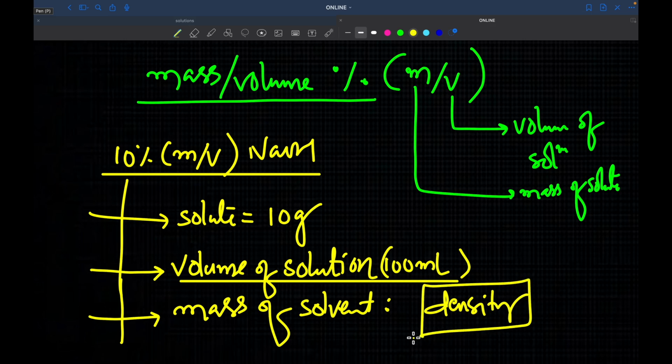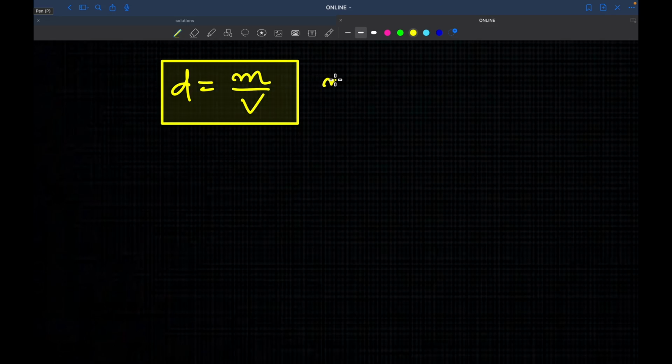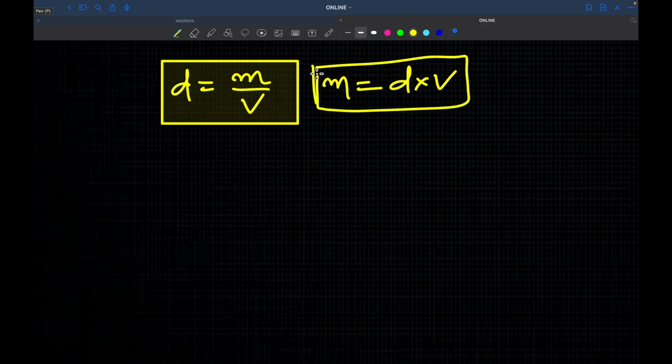Okay, so we'll see that. Density equals what? The formula is mass by volume. You have to remember this formula; it is a known formula, that mass equals density into volume. Correct? Do you know this formula?